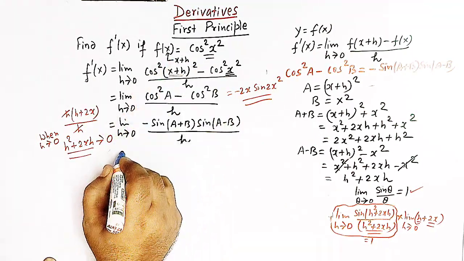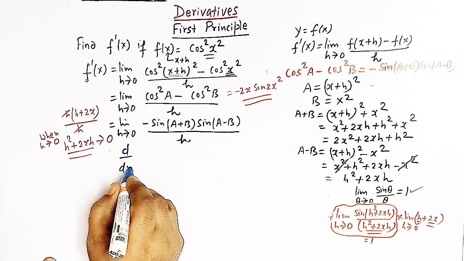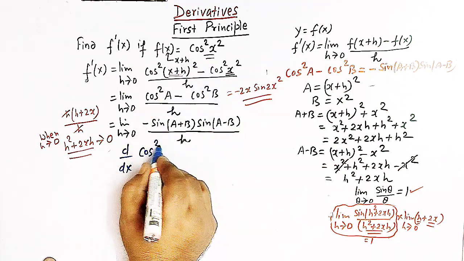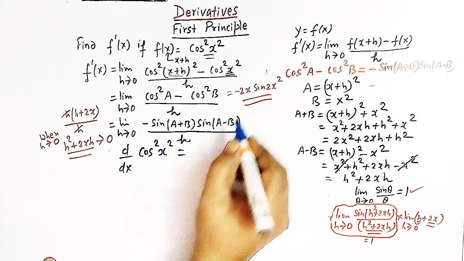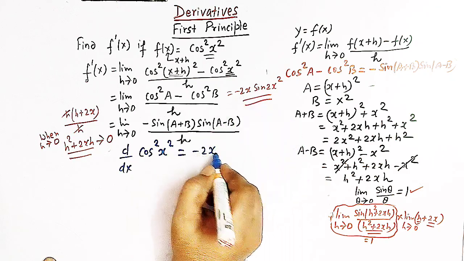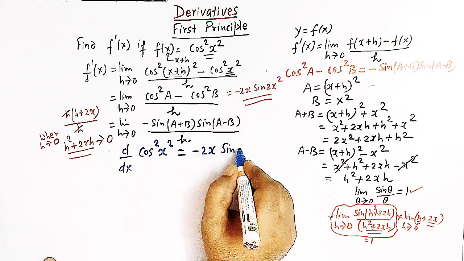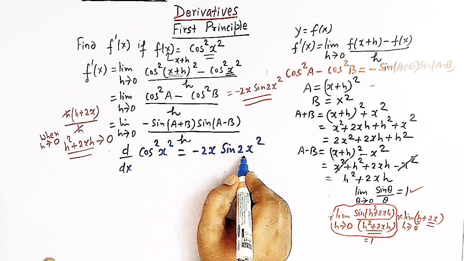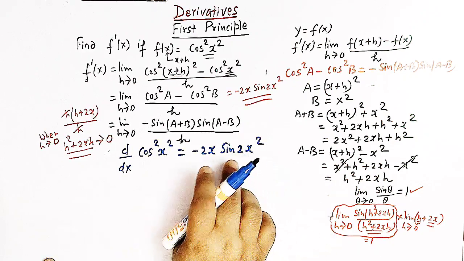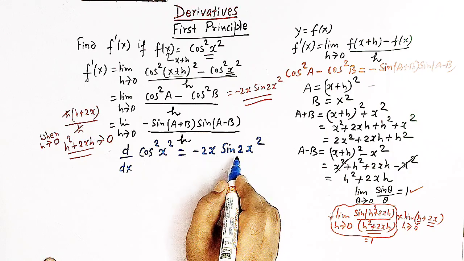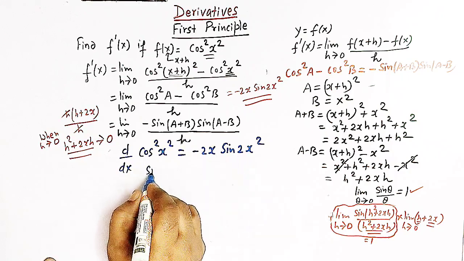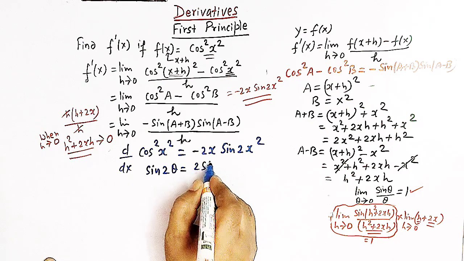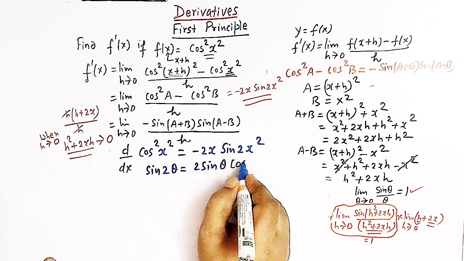So now the derivative of this function, that is cos of x square, is given by minus 2x sine 2x square, right? Now here we can also apply the trigonometric identity, that is sine 2 theta is equal to 2 sine theta cosine theta.